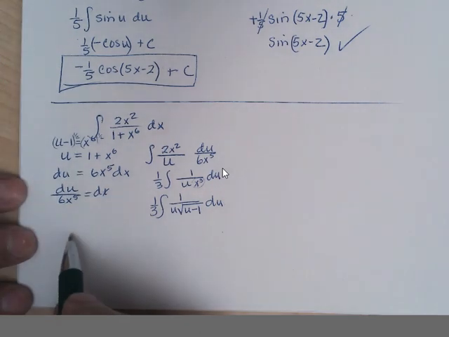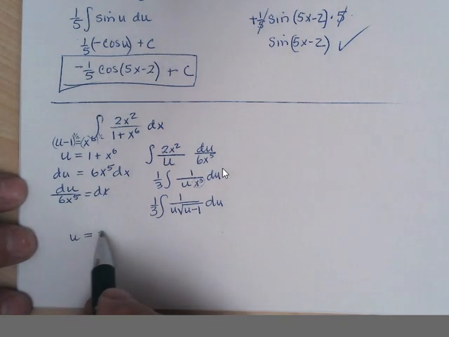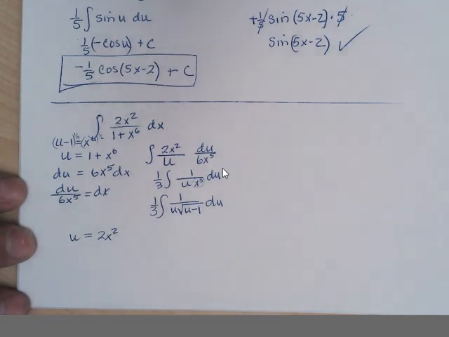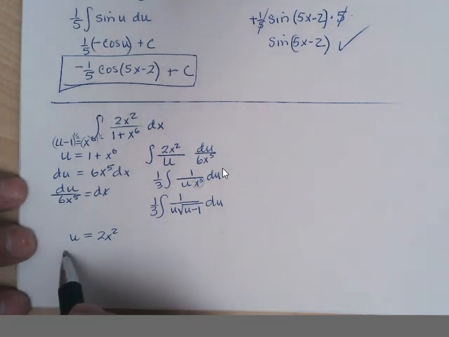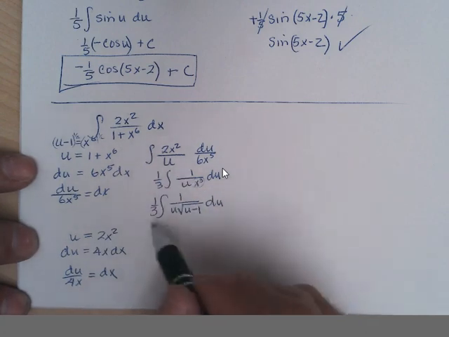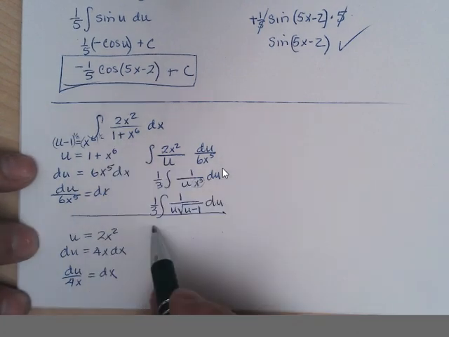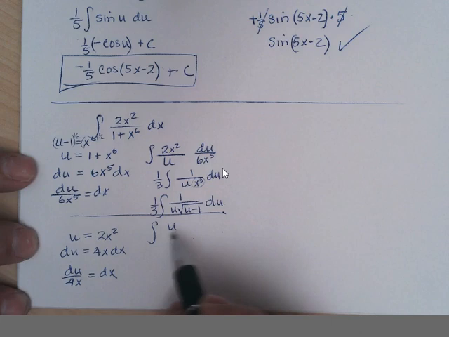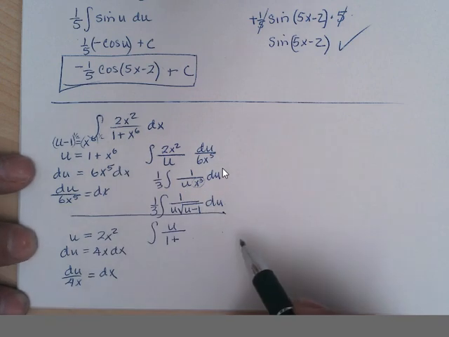Maybe I should have let u be 2x squared in the numerator. Well, then du would be 4x dx, divided by the 4x, and I would get du over 4x is dx. And the integral would be u over 1 plus, now I'm going to have to figure out what x to the 6th is.